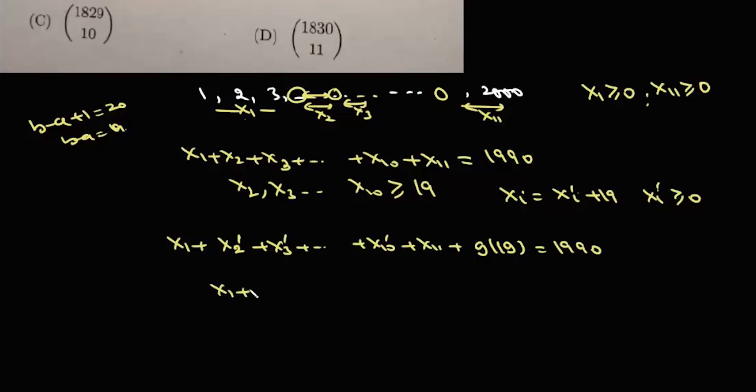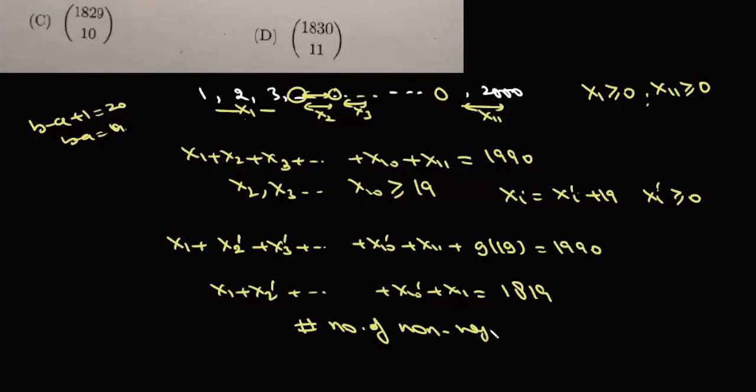So here x1 plus x2 dash plus up to x10 dash plus x11 will be equal to 1819. Now here we need the number of non-negative integral solutions, and it is given by n plus r minus 1 C r minus 1.